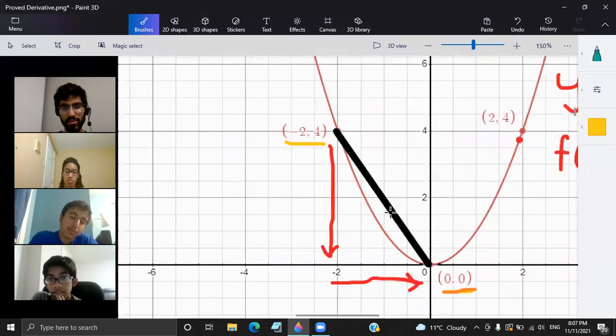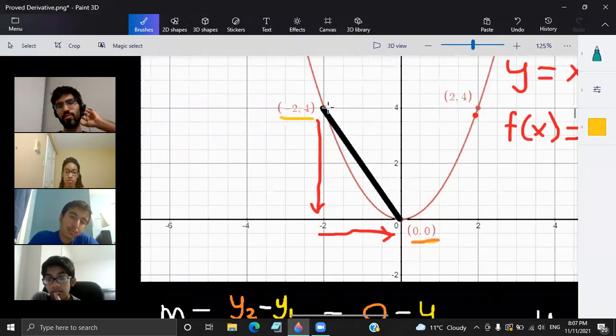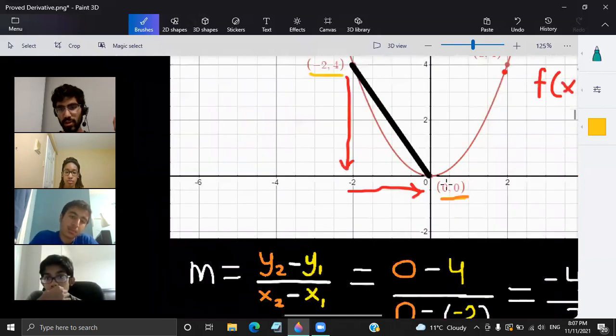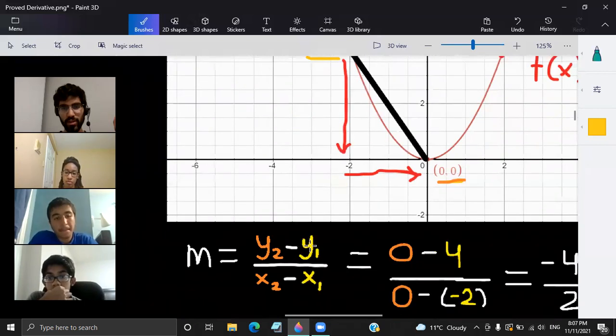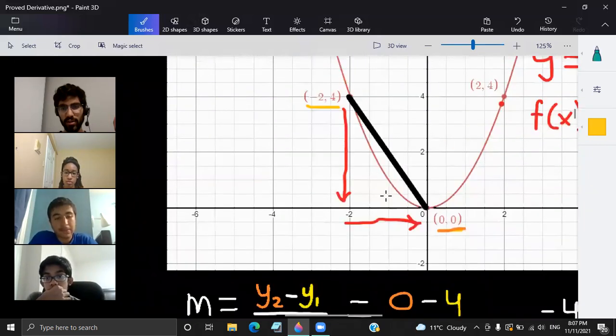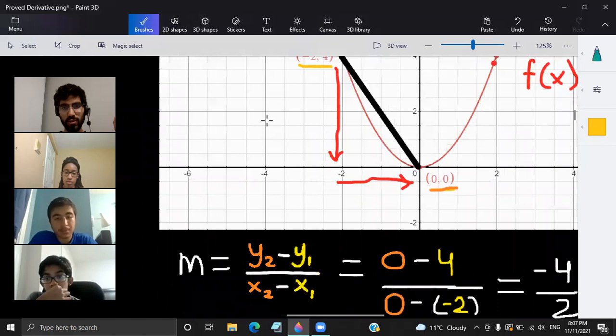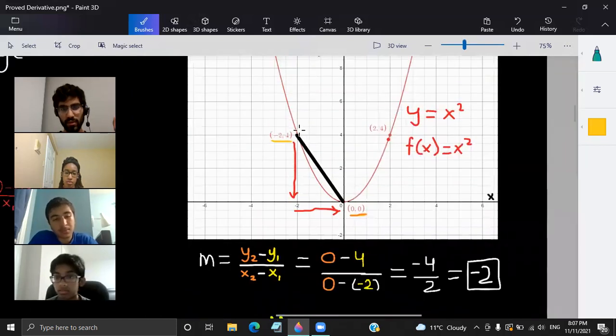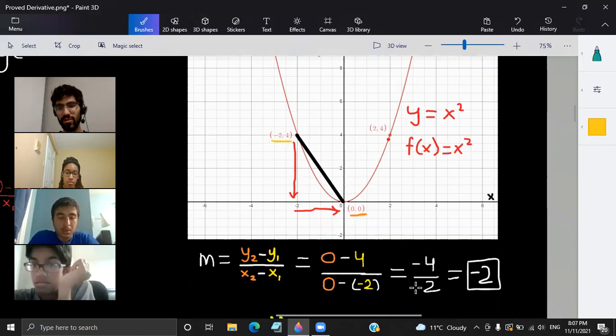So if we wanted to calculate the slope between these 2 points, we would take the information from point 2 in orange and subtract the information from point 1 in red. So 0 minus 4, that's what we do for the change in y over here, and 0 minus -2, change in x, and you get the slope.